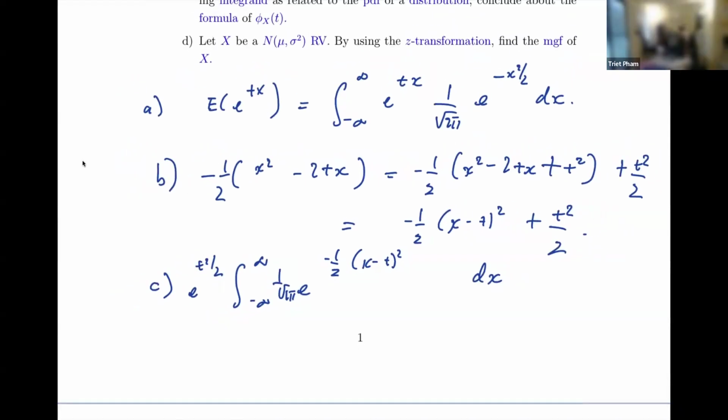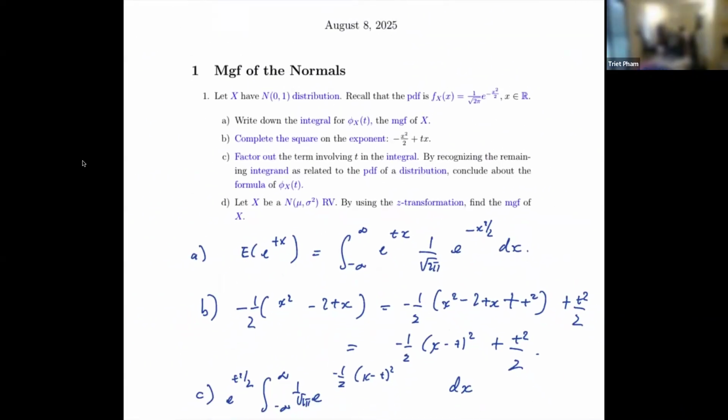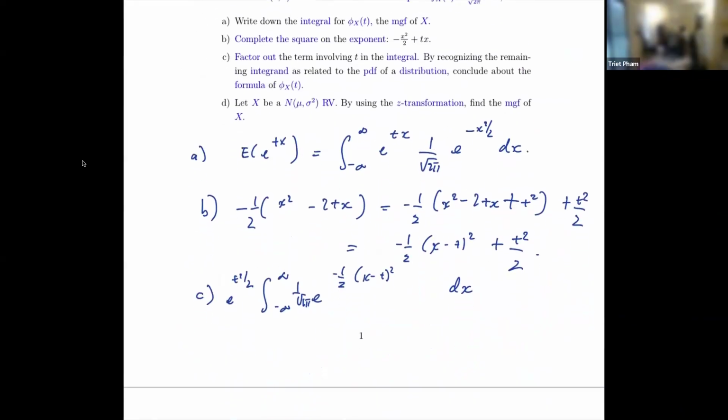Well, the answer is, what is the PDF of a general normal mu, sigma squared? If you have a normal mu, sigma squared, then its PDF is 1 over square root 2 pi sigma squared, e to the minus (t minus mu) squared over 2 sigma squared.